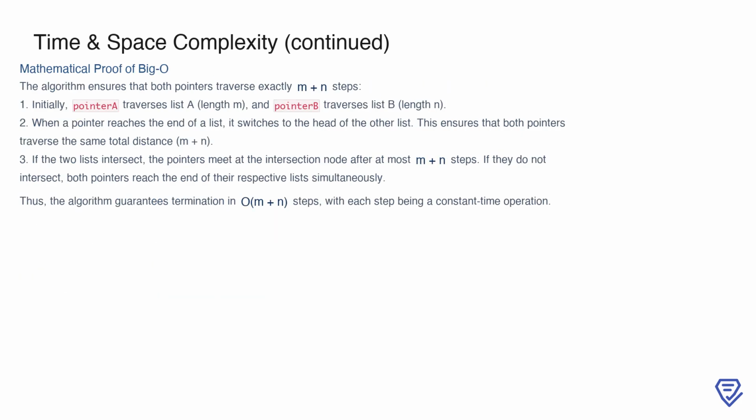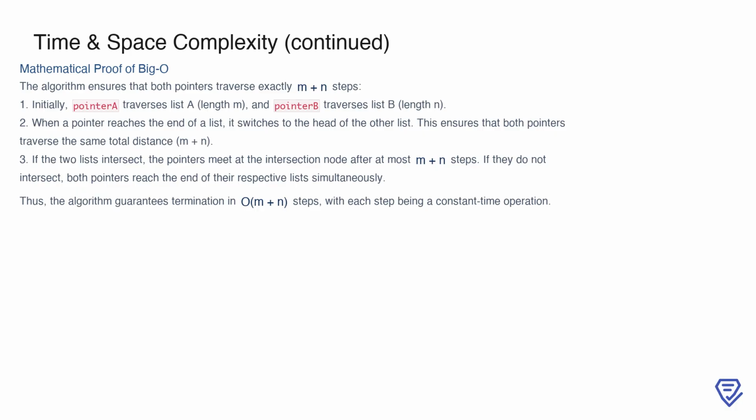To mathematically justify the O(m plus n) time complexity, consider the traversal steps of the 2 pointers. Initially, pointer A traverses all m nodes of list A, while pointer B traverses all n nodes of list B. When a pointer reaches the end of its respective list, it switches to the head of the other list. This ensures that both pointers traverse the same total distance of m plus n.